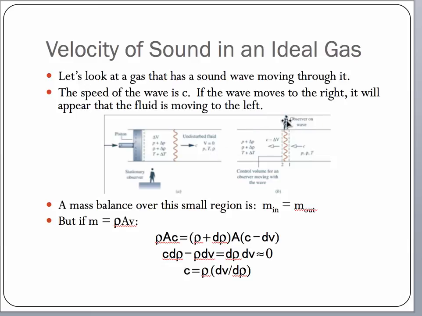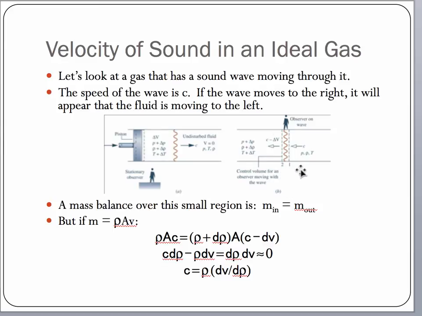Now if you're standing still, the wave goes past you and it looks like the fluid then is moving the other direction. Okay? So if I do a little material balance over this tiny little region here, just the front of that wave there, the velocity is going to be the speed of the wave on one side and the speed of the wave with some change, delta V, on the other side.